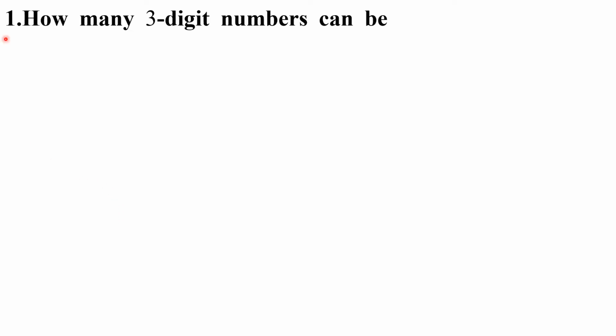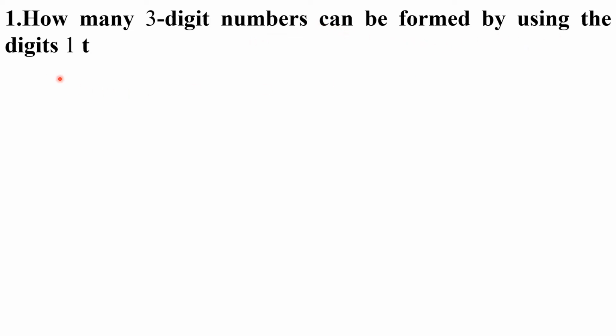Now come to question number 1. Question number 1 in exercise 7.3. How many 3-digit numbers can be formed by using the digits 1 to 9 if no digit is repeated? In the first exercise, you found the number of 3-digit numbers formed by using the digits 1 to 9 by using the fundamental principle of counting.